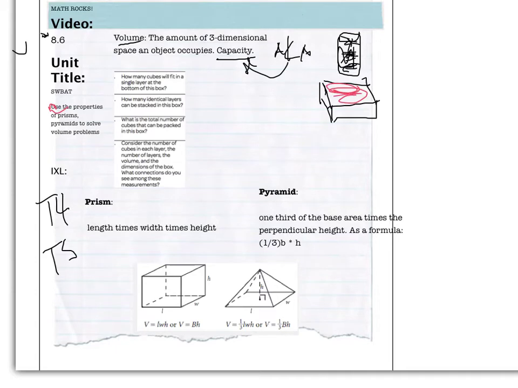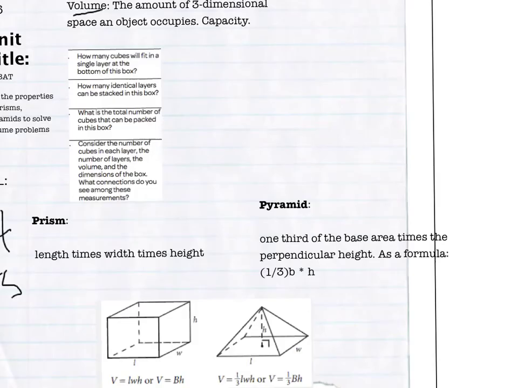So let's look at that with one particular object. Let's say I had a prism or a box, and here's my box. Got to make sure I'm drawing my dotted lines right so you can see the two sides of my box, the front and the back.